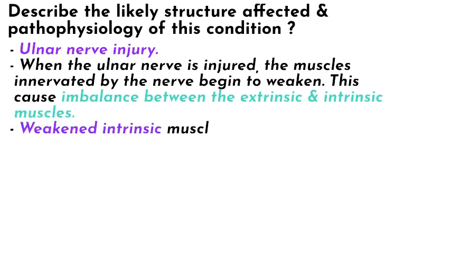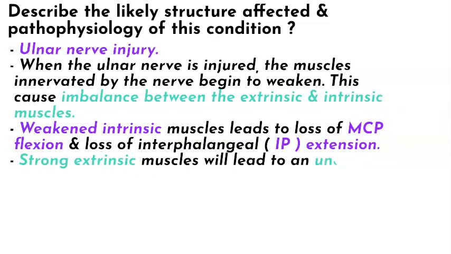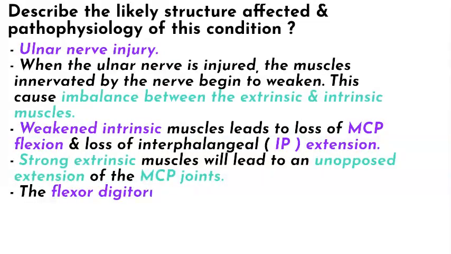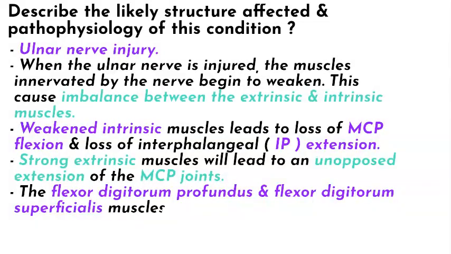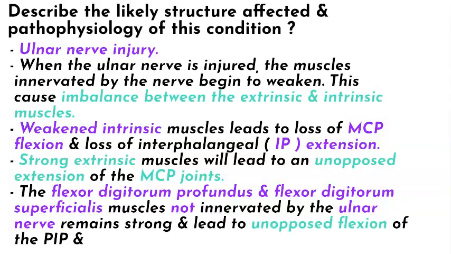Weakened intrinsic muscles lead to loss of metacarpophalangeal flexion and loss of interphalangeal (IP) extension. Strong extrinsic muscles will lead to an unopposed extension of the metacarpophalangeal joint. The flexor digitorum profundus and flexor digitorum superficialis muscles, not innervated by the ulnar nerve, remain strong and lead to unopposed flexion of the PIP and DIP joint.